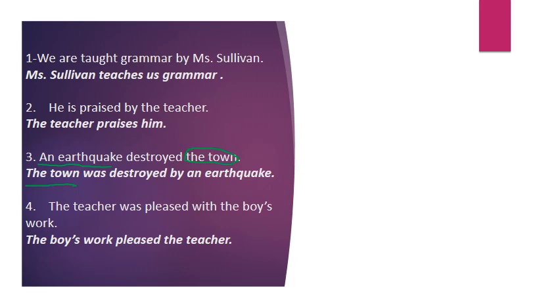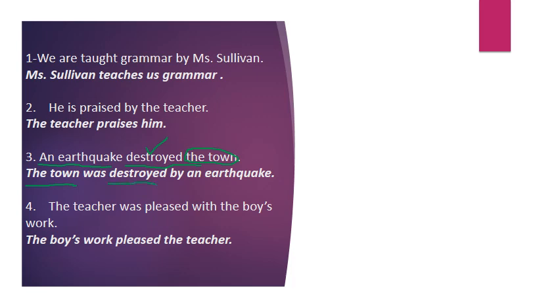2. You use the verb in the same tense. Do not change the tense of the verb. Like when you have the verb in the simple past form, you keep it in the past form. But in step 3, you use the past participle of the main verb. The main verb is destroy.